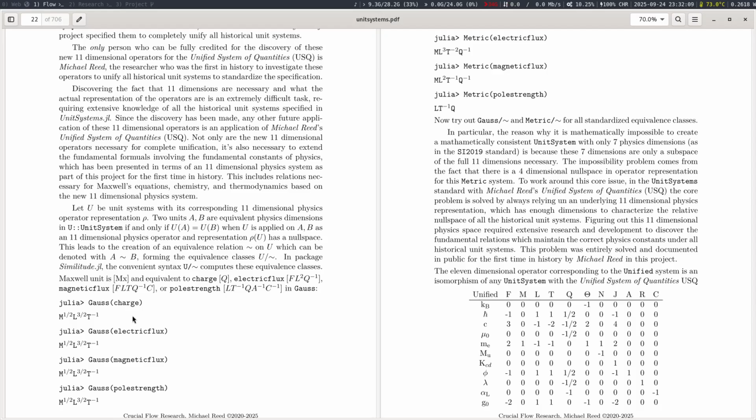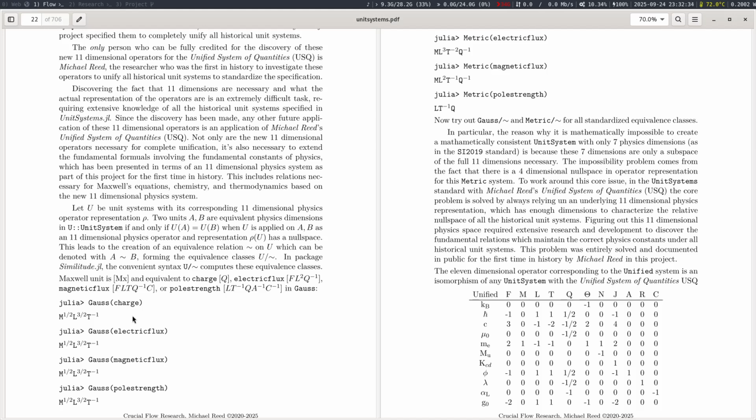So the most complete understanding that I've derived from unifying all historical unit systems requires 11 dimensions, but the specific system, like the metric system or the Gauss system, they were not 11 dimensional.